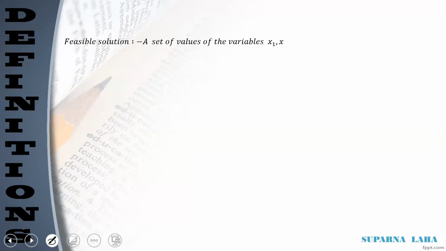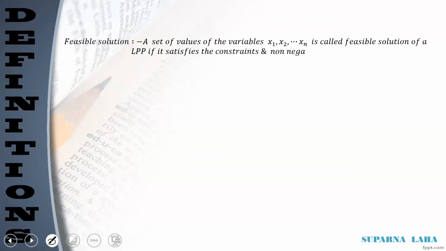The set of values of the variables x1, x2 up to xn are called a feasible solution of the given LPP if they satisfy the given conditions and the non-negativity restrictions.